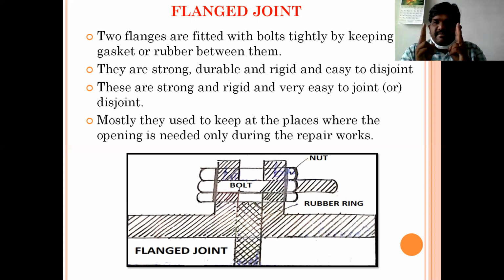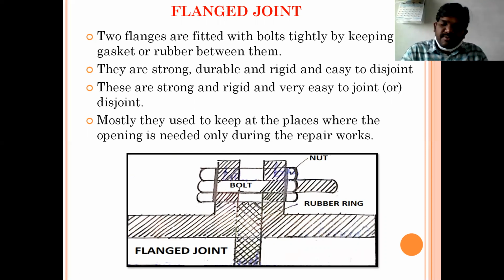Two flanges are closely fitted with bolts tightly by keeping a rubber gasket. This is the rubber gasket. These are strong and rigid, and easy to joint and disjoint.